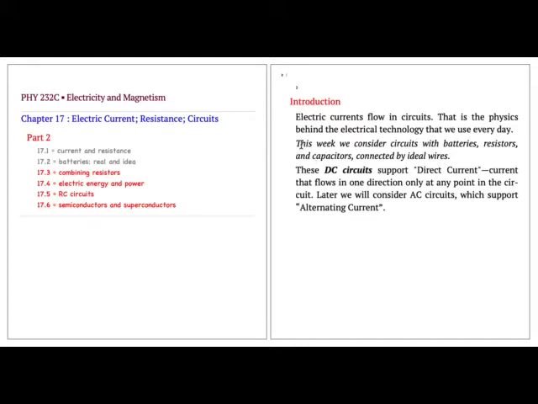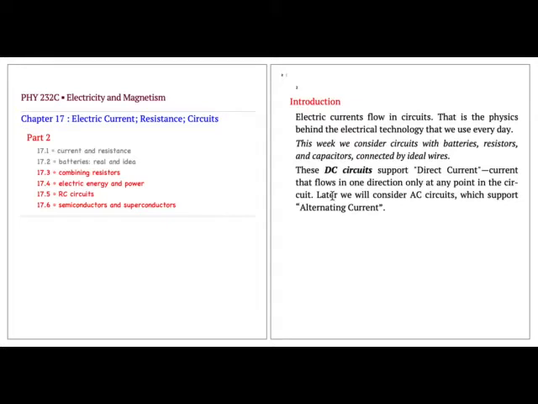So in this video, we're considering circuits with batteries, resistors, and capacitors connected by ideal wires. These are DC circuits. They have direct current. That is to say, the current at any point in the circuit flows only in one direction.